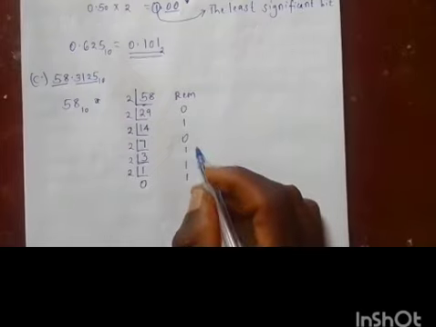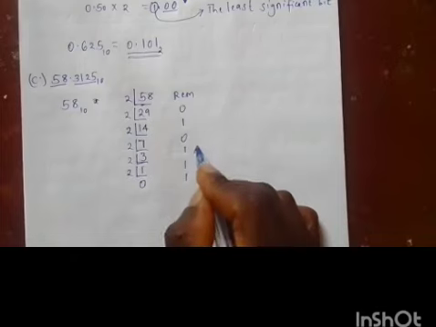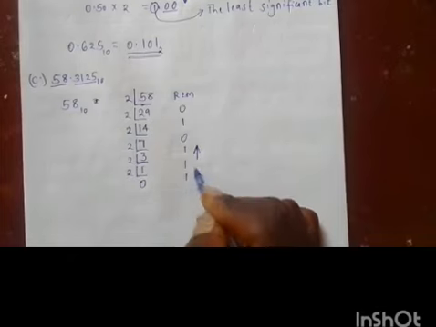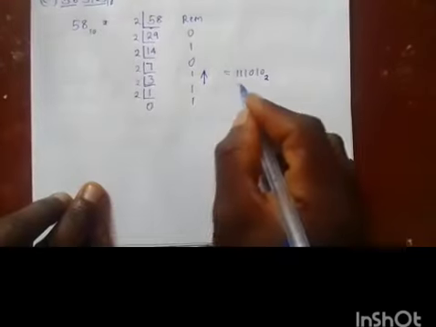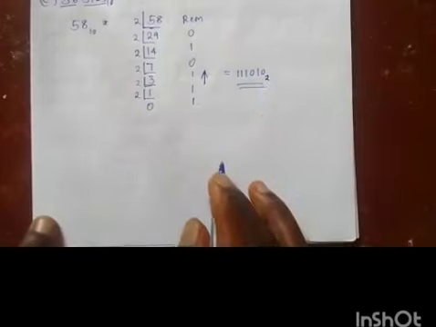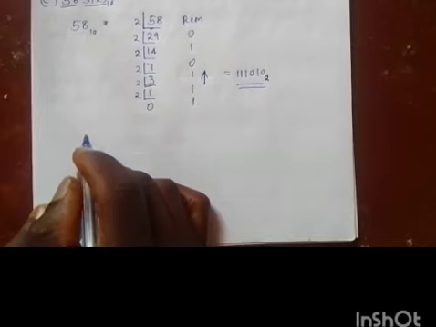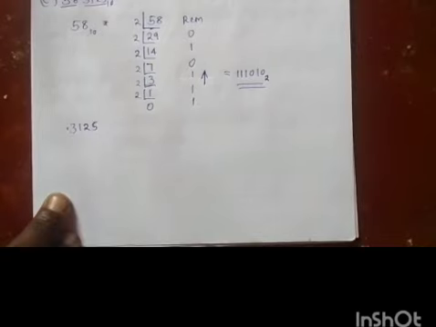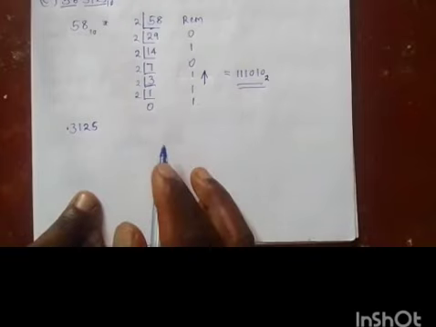Writing our answer of the integer part upwards, from the most significant bit to the least significant, we have this. We now proceed to the fraction part. Here we repeatedly multiply by 2 while noting the integer of the result. So we proceed.